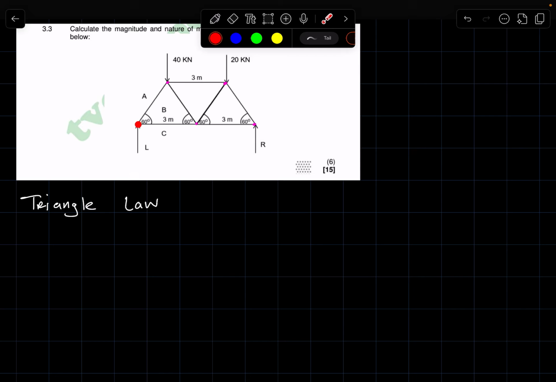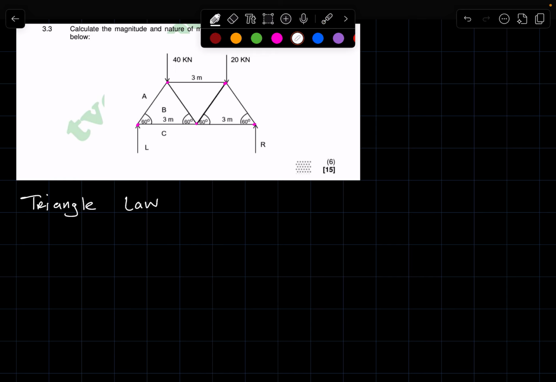So essentially, because we are using the method of joints, looking at just this one joint, we then look at the forces that this joint is being subjected to. It will be this force based on this member, this force based on this member, and this external force, which essentially tells us that the three forces are keeping this joint in equilibrium, which is why we are able to use the triangle law.